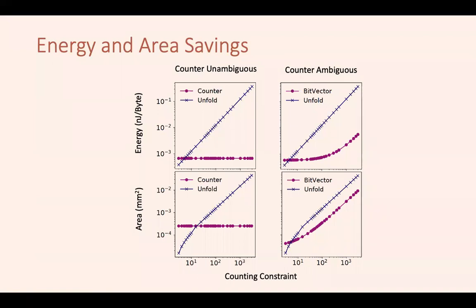So we could just use one counter, and that would take a constant amount of space because it is just a single counter, as we can see from this chart.